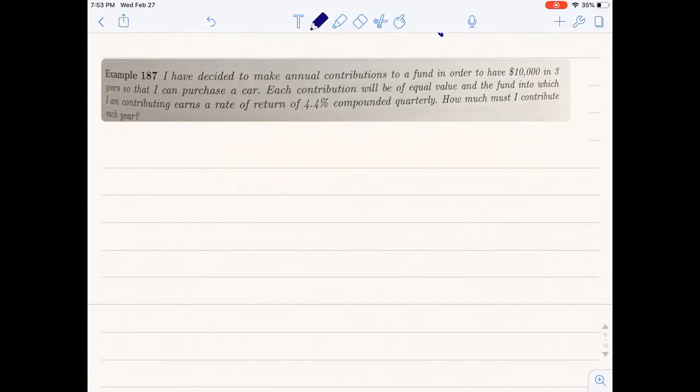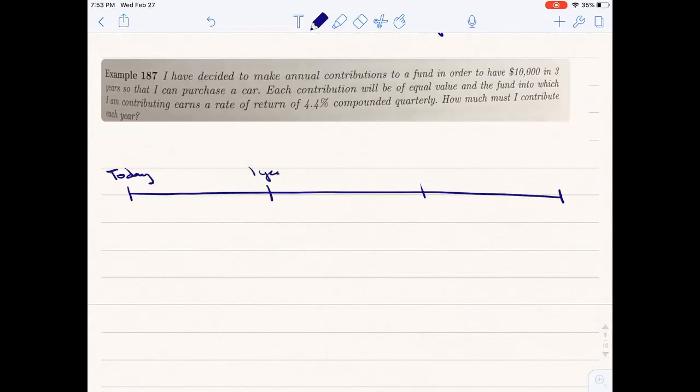So in terms of our timeline, we've got 4 ticks. So just jot down my 4 ticks. Starting today, and then a year, and then 2 years, and finally 3 years.